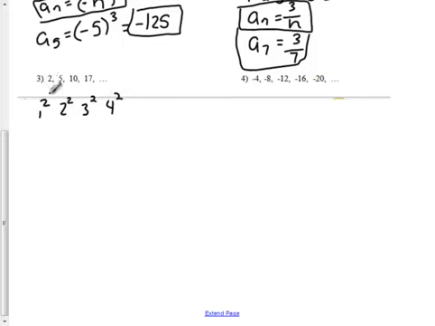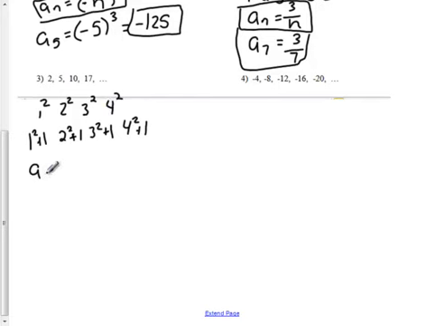However, these are all 1 more, so I could just add 1 to it. 1 squared plus 1 gives me 2. 2 squared plus 1 gives me 5, because 4 plus 1 is 5. 3 squared plus 1 gives me 10. 4 squared, 16 plus 1, gives me 17.